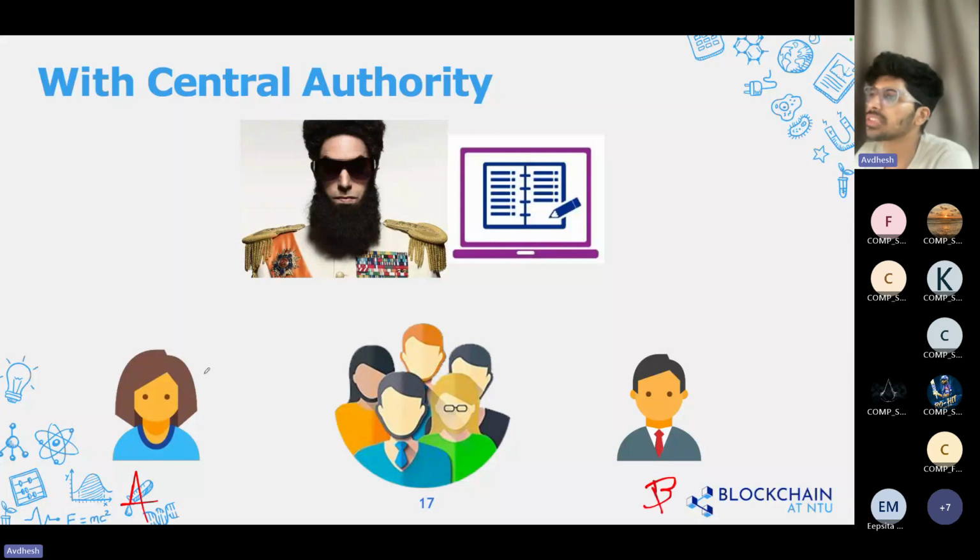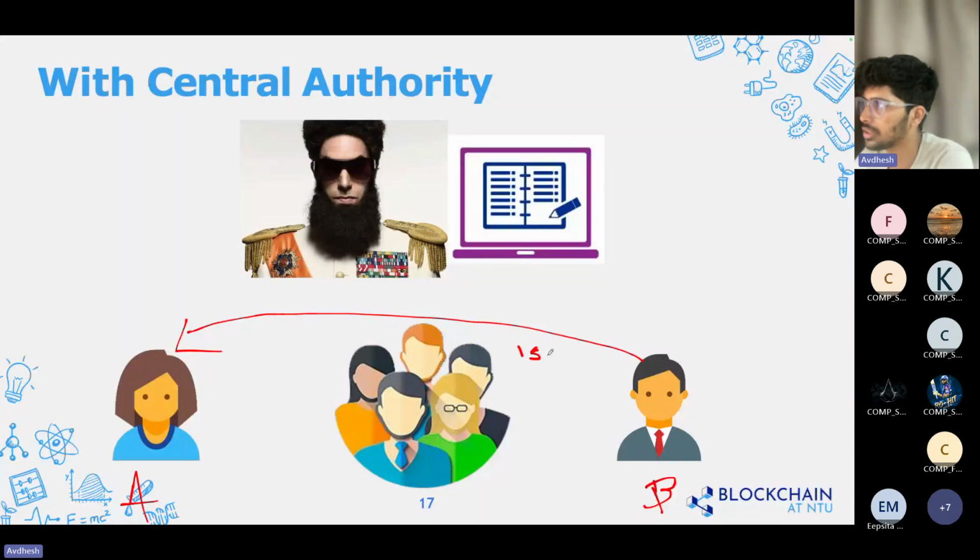Bob wants to send some money, like 15,000 INR. If he is the dictator, or the central authority, he has the power to literally control his bank account and send the money without him even knowing. That is an abuse of power that we often see, not just in India but across the world.